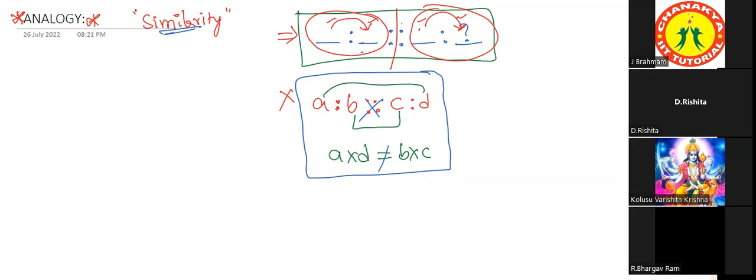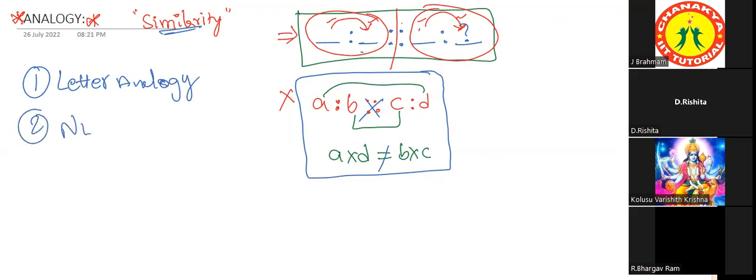And based on the logic which we take, the analogy questions can be classified in this way. See here, the models of analogy questions. Number one is letter analogy. Next is number analogy.